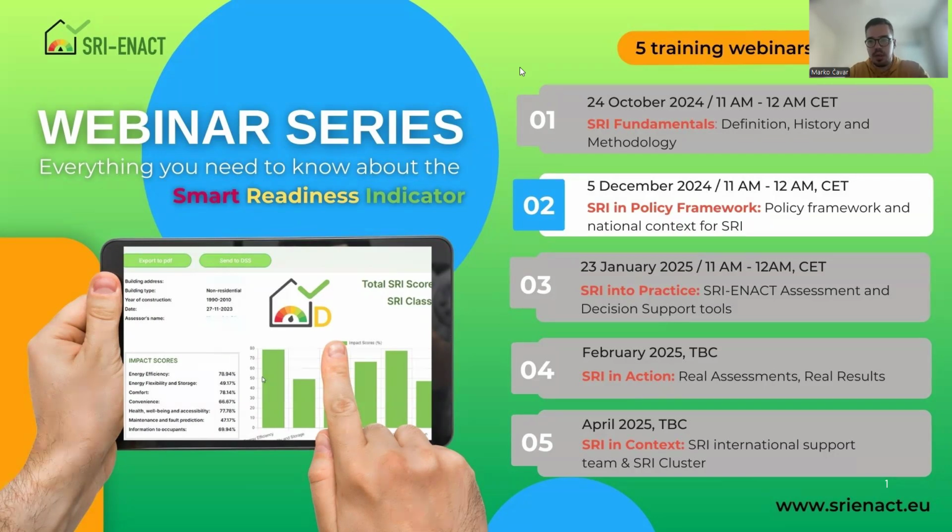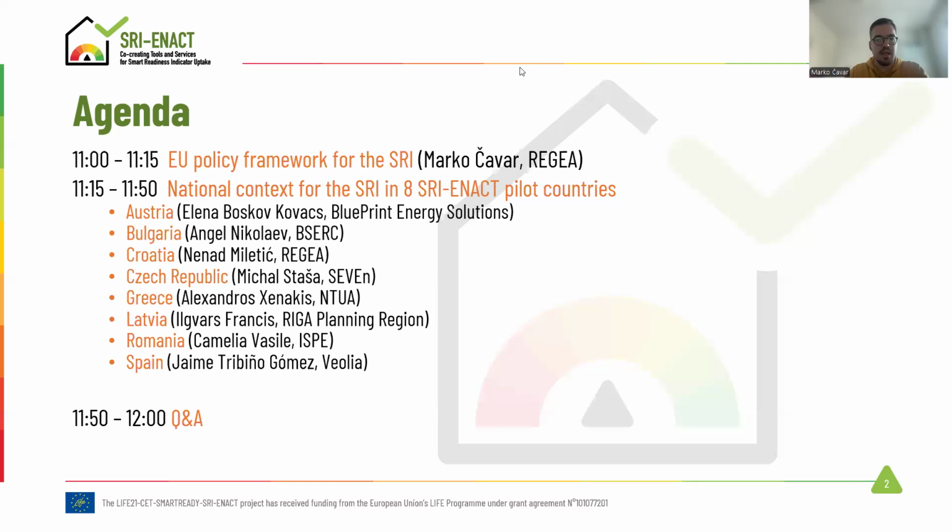Today, we will guide you through the policy framework and national context for Smart Readiness Indicator within our project. We prepared a short introduction and then national contexts of each pilot country within our project. I hope that you can hear me and that you will have the opportunity to learn something about the Smart Readiness Indicator.